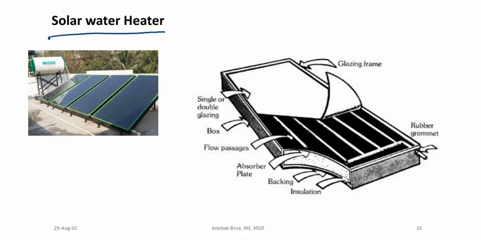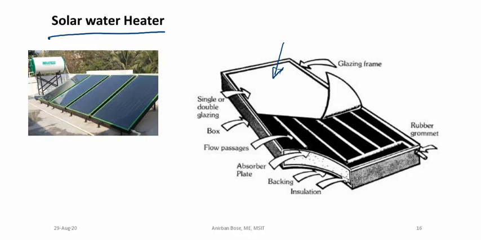What is happening here? You can see these are the direct solar water heater panels. So sunlight is coming directly. This is a kind of radiation, basically, which is coming onto the covered glass plate.